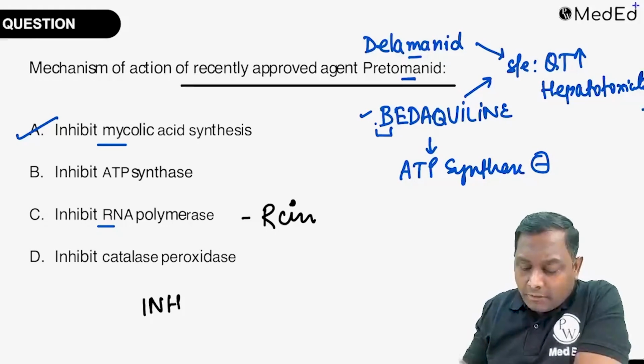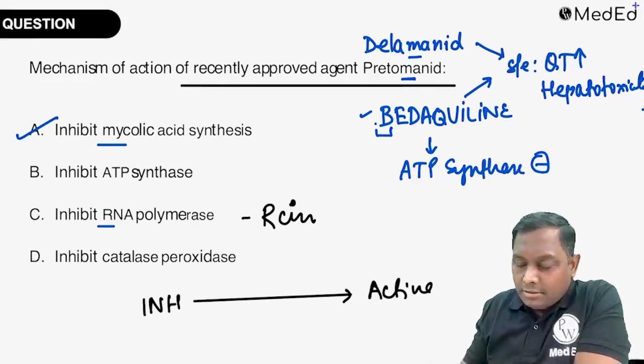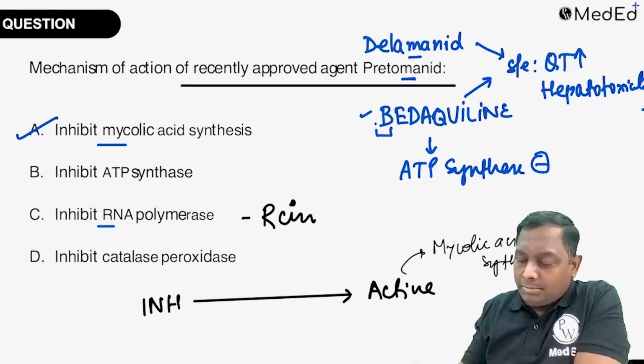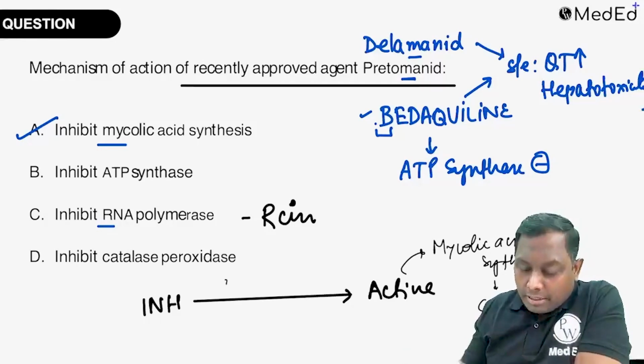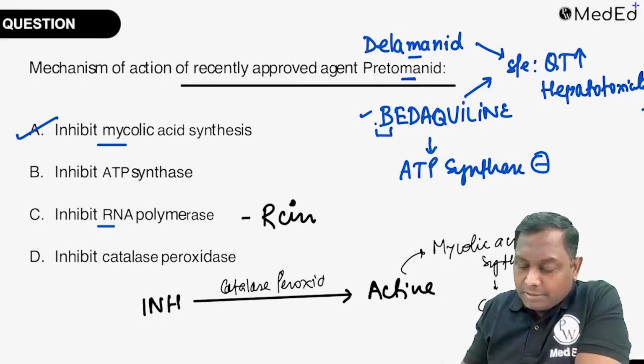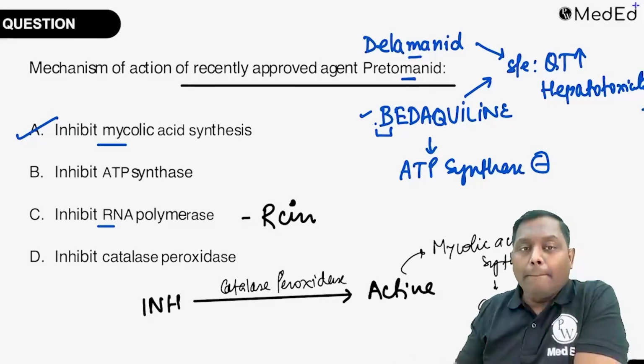Isoniazid actually requires activation. The active form of isoniazid is going to inhibit mycolic acid synthesis, and that means they will also have cidal property. They require activation with the help of the enzyme catalase peroxidase.